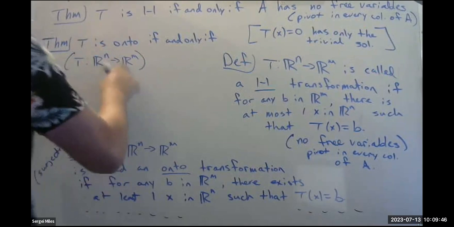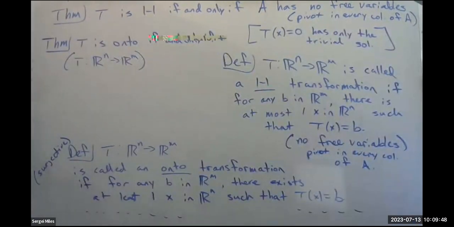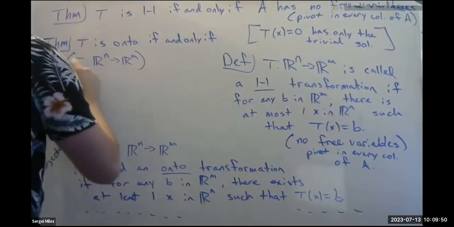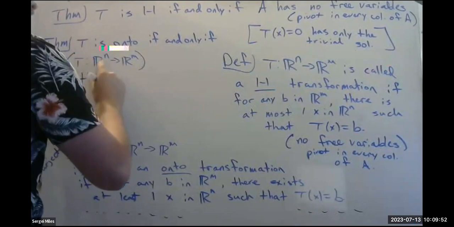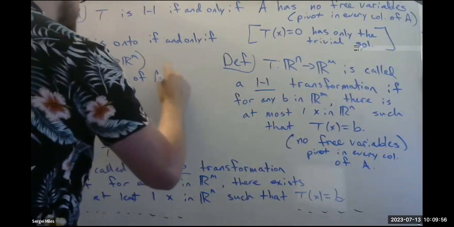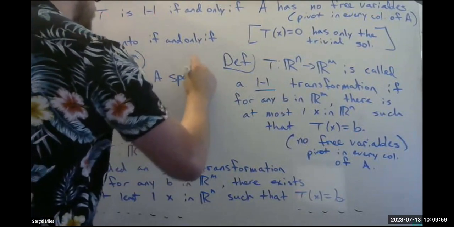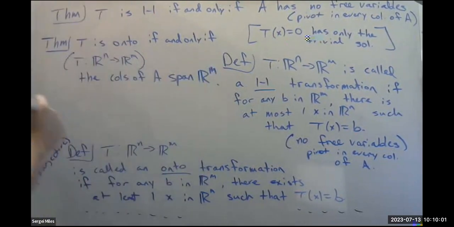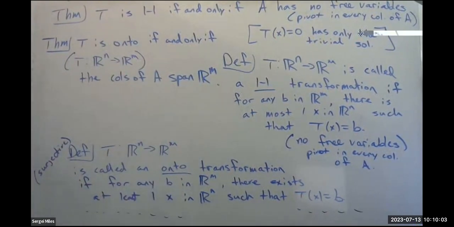I need to be able to reach every possible vector in Rm. This happens if and only if the columns of A span Rm, right? So this is all going to start coming full circle.